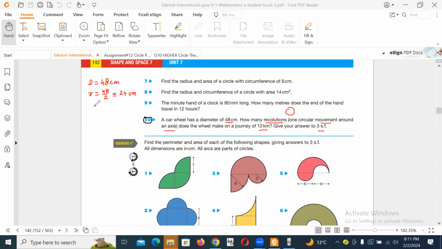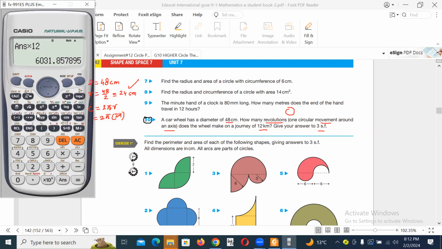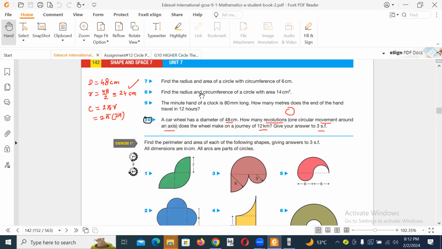First we will find out the circular length, meaning 2 pi r. We know r is 24. Again, I will check in the calculator: 2 shift pi bracket open 24 bracket close. That gives me 150.8, and it is in centimeter.